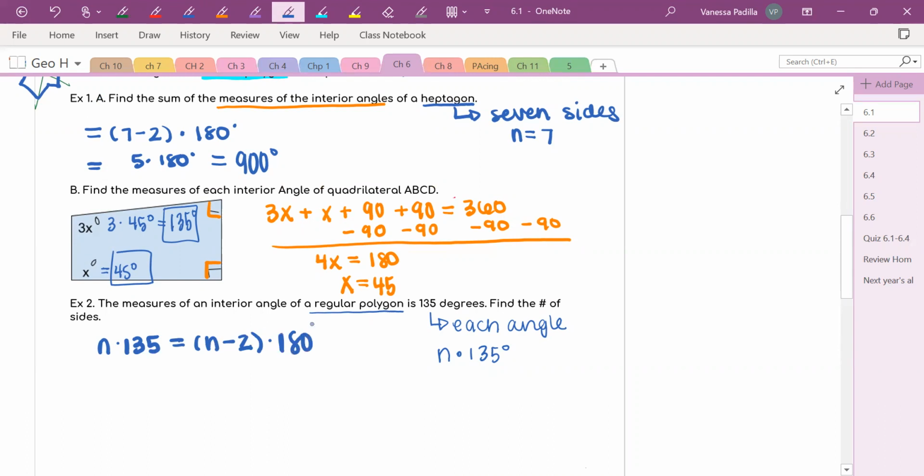And then what we could do, we could factor that 180 in. This would just be 135n equals 180n minus 360. Subtract both sides by 180n.